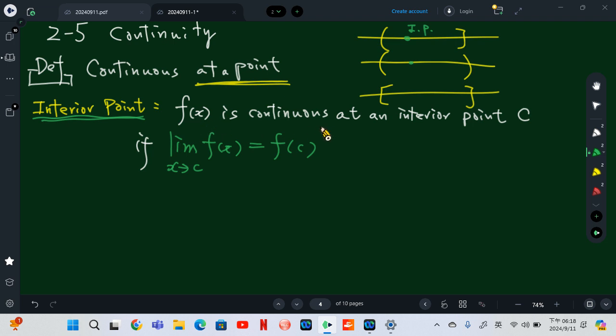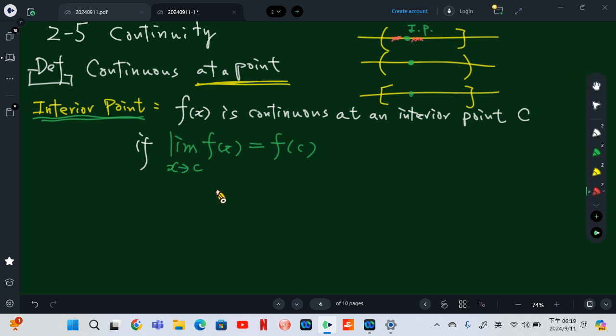So if we focus on an interior point, I mean inside the interval, we need to pay attention to its right hand side. We also need to take care of its left hand side. Then see if these two limits are the same.